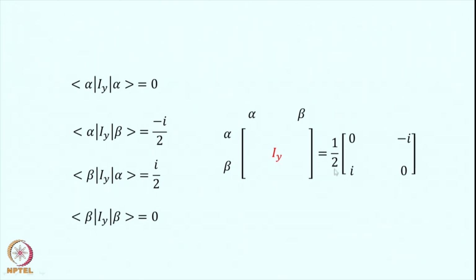Now if we remove this half, the matrices for Iz, Ix and Iy are simply 2 by 2 matrices. In Iz you have 1 0 0 minus 1, for Ix you have 0 1 1 0, for Iy you will have 0 minus i i 0. These 3 2 by 2 matrices are called Pauli spin matrices for a single spin, and these are the ones which we actually calculated.